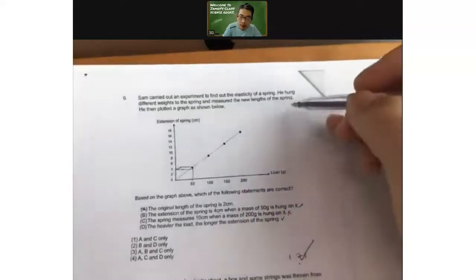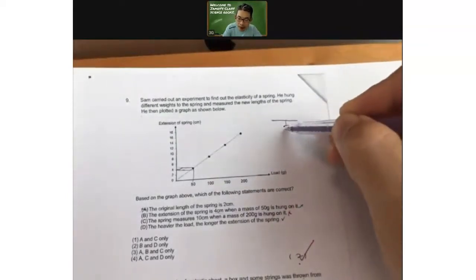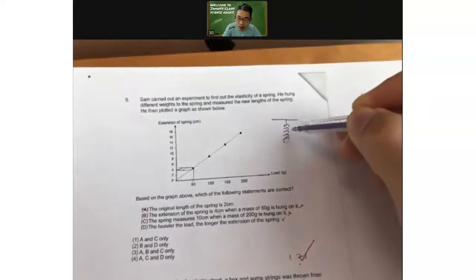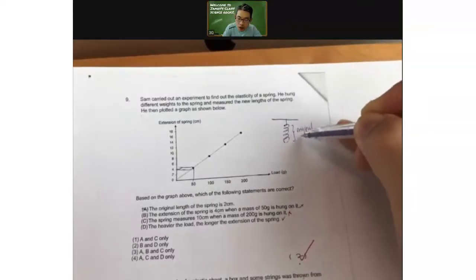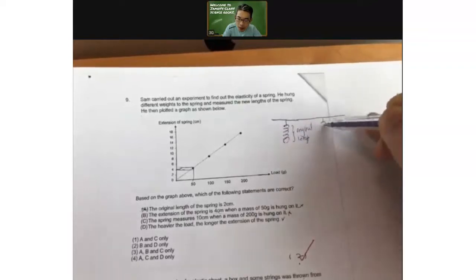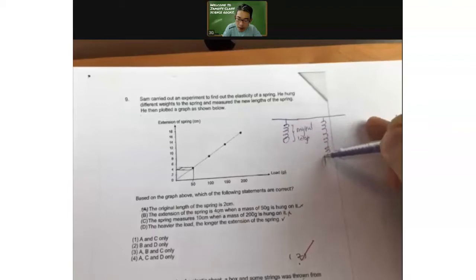Now I set the answer as 2. Why? 2 is B and D. The extension of the spring is 4 cm when the mass is hung on it. Now let's recap some terms. If this is a spring with no mass, this will be the original or the initial length. And for the same spring, if you hang a mass on it and you stretch it, there are now 2 new terms.